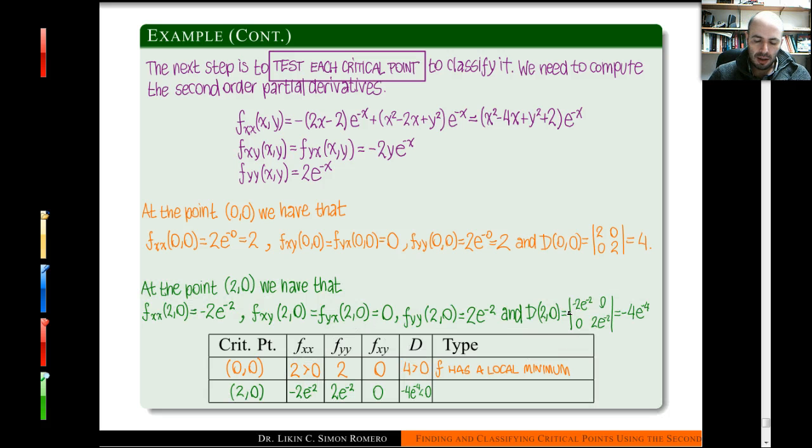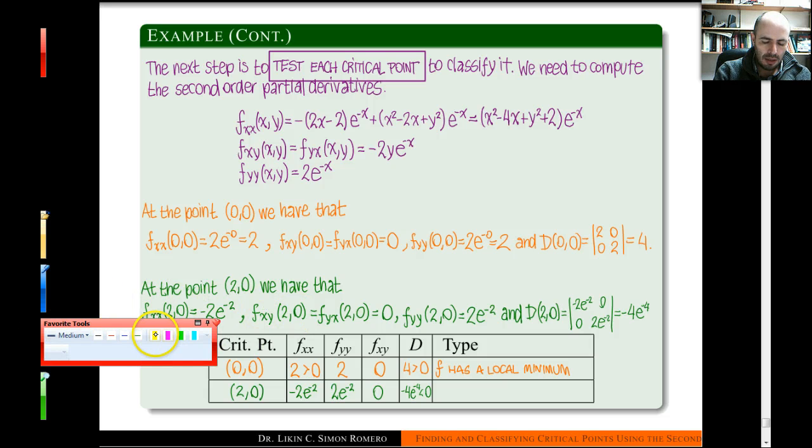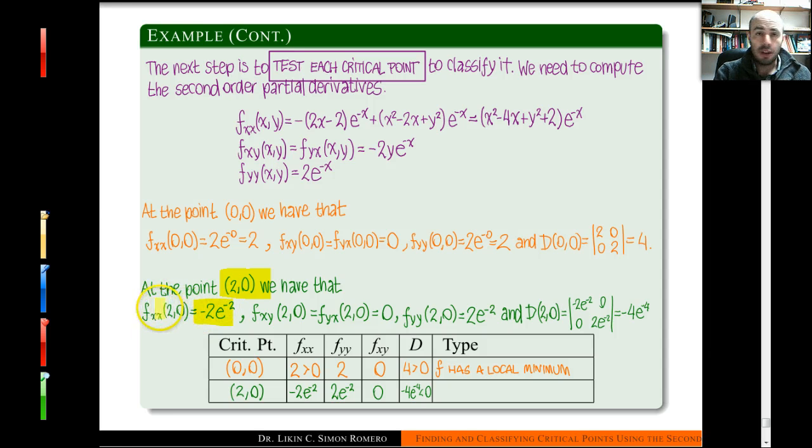Now let me do the same at the point (2, 0), and this is what we obtain. The second order partial derivative with respect to x both times is equal to this. The mixed ones are equal to 0, and the second order partial derivative with respect to y is equal to this, and the discriminant, by just doing this easy calculation, is equal to this.